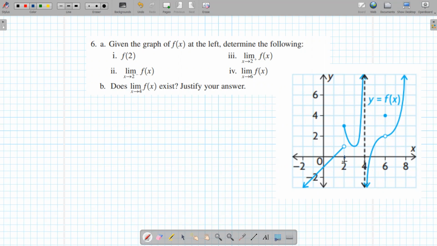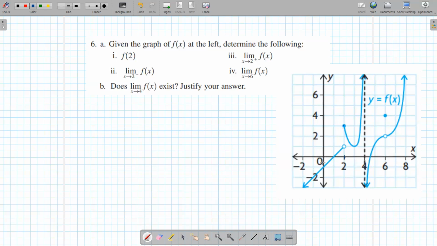If you look at 2, when the x value is 2, it has 2 different y values. One of them is a closed circle. The other one is an open circle. Which one do we use? Closed circle means you're going to use this one, not this one.